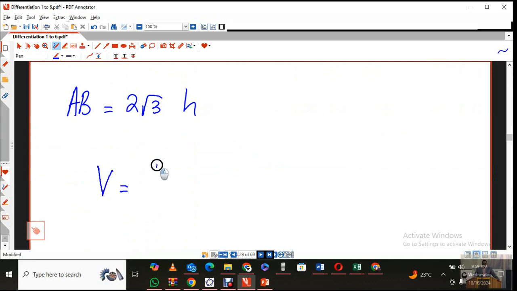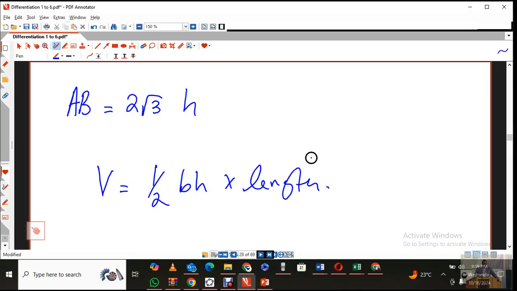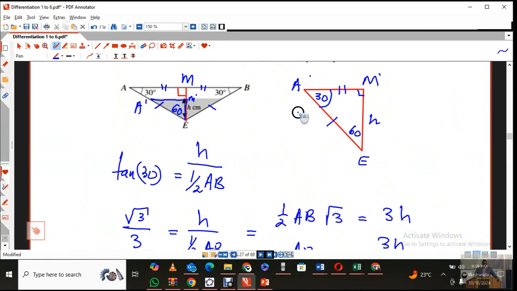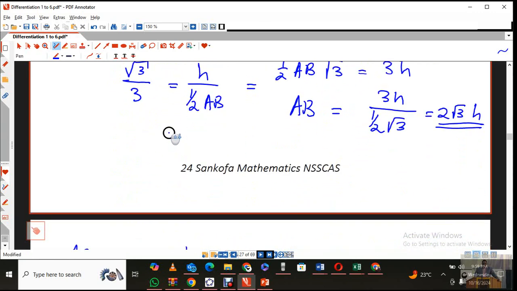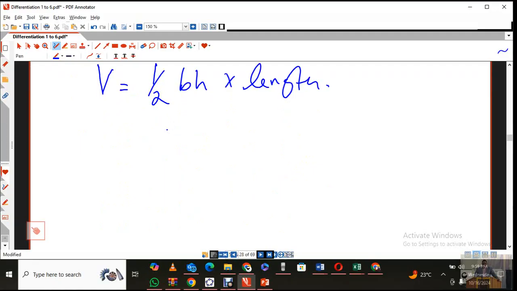So the volume is given by a half base times height times, let me just say length, perpendicular height. So I'm now looking at AB because I want to find the area. The volume V is equal to that. So to find that, we are going to say a half of AB, which is, we have AB as an answer, so that is going to be a half.